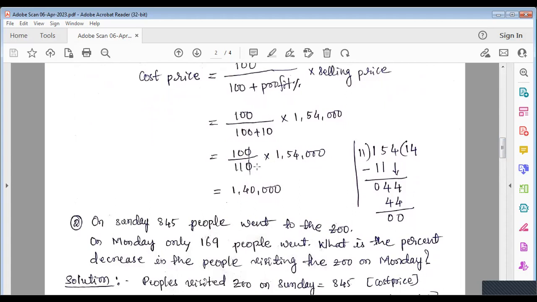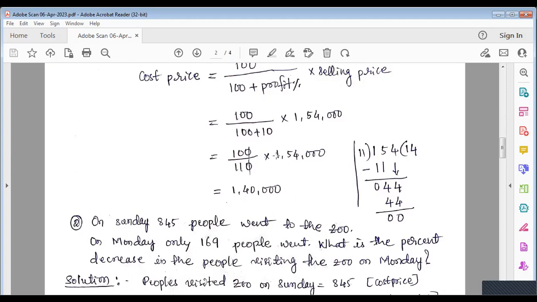And this you have to multiply actually: 10 into 1,54,000 divided by 11. So multiplying 10 to 1,54,000 is very easy. Just you can put 1 zero here, but divided by 11 is there. So here, the trick is, forget about the zeros.